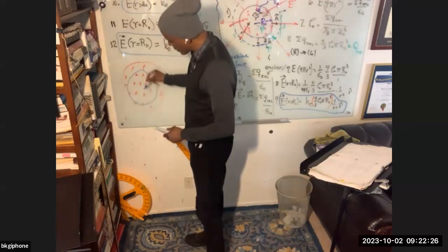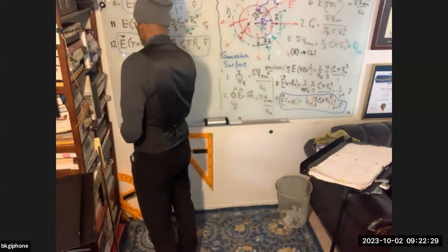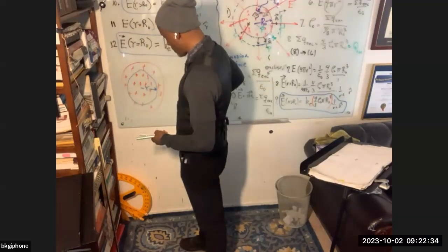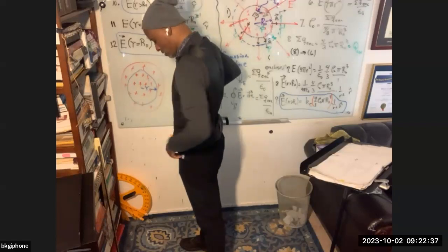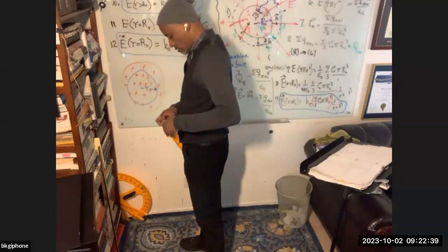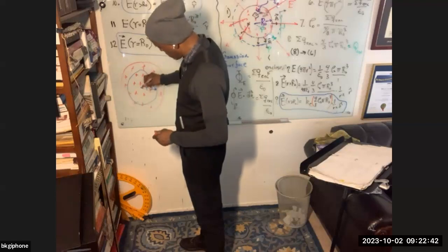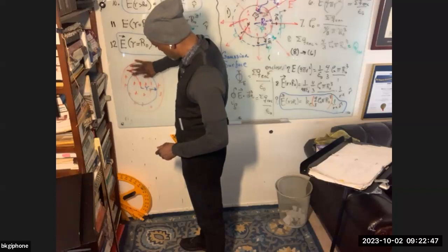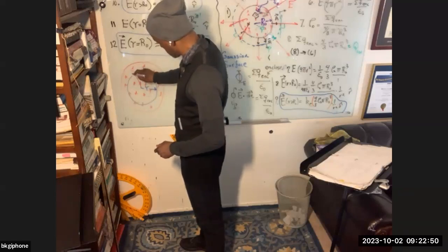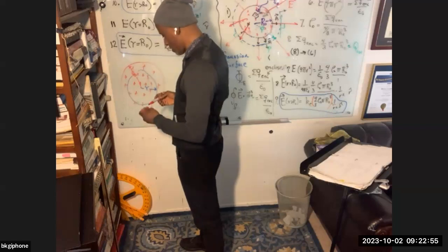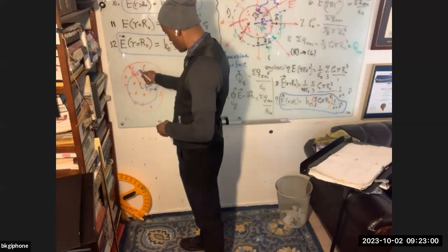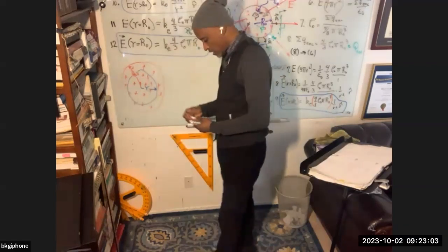The only charge, so now this is a radius r, and I still have my radius r naught, which is the big thing. I know my spheres are kind of janky.